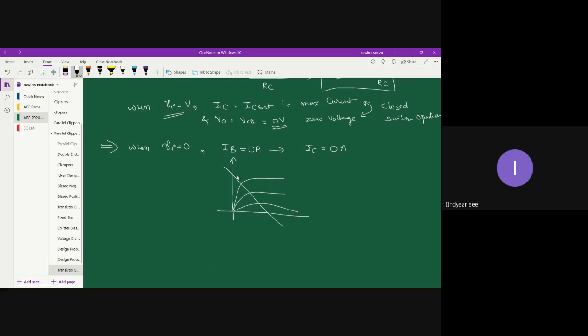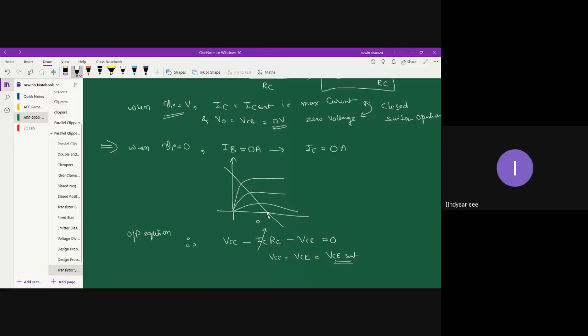Collector current is 0, so you can write the output equation as VCC minus IC into RC minus VCE is equal to 0. Since collector current is 0, you will get VCC is equal to VCE. So this itself can be taken as VCE saturation.